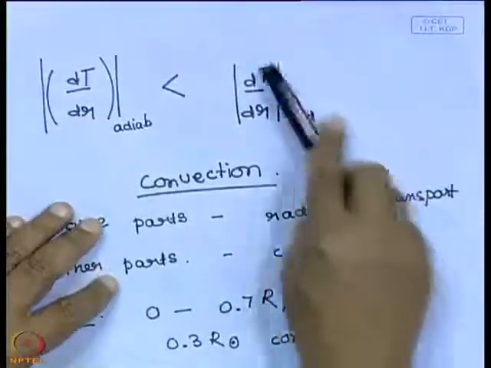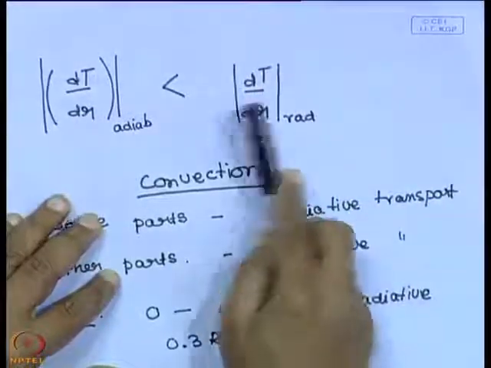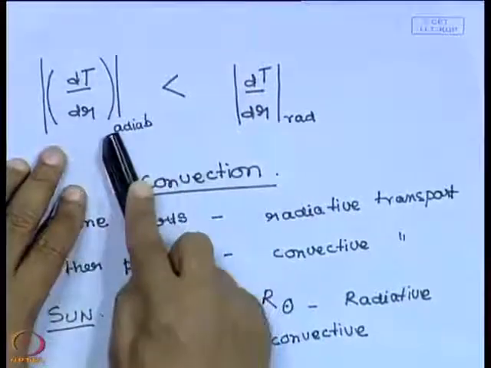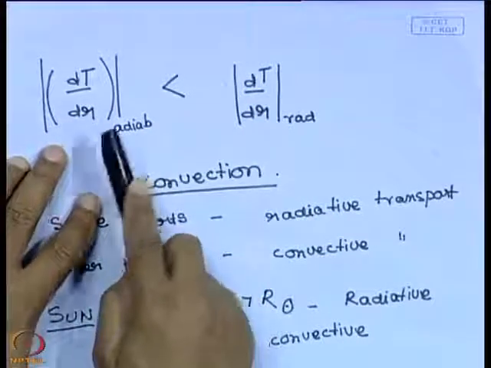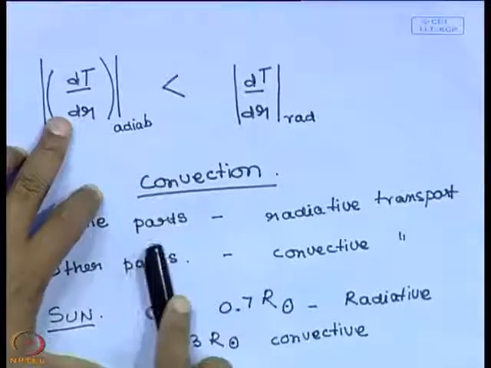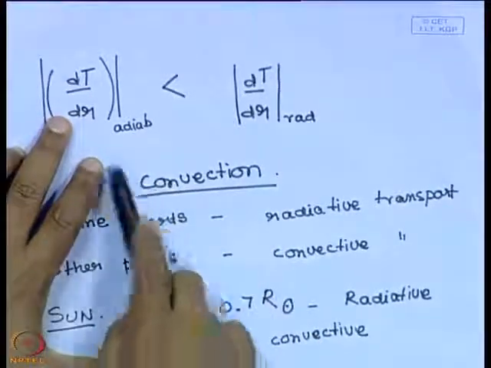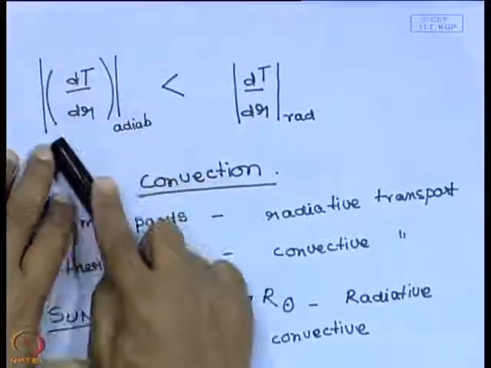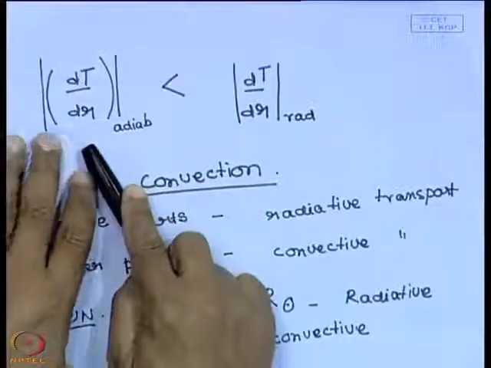In regions where the radiative temperature gradient exceeds the adiabatic value, it remains at this value, because convection is a very efficient energy transport mechanism. It does not permit typically the temperature gradient to exceed this value.